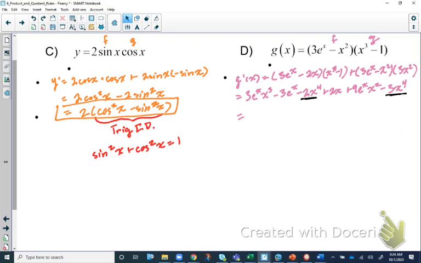Now I don't think there's going to be much in the way of convention when we try to write this in standard form, because I'm not going to try to determine necessarily what the overall largest term is. I'm going to just put the terms that have e together first. So I'm going to just start it off with 3e to the x power times x cubed minus 3e to the x power.